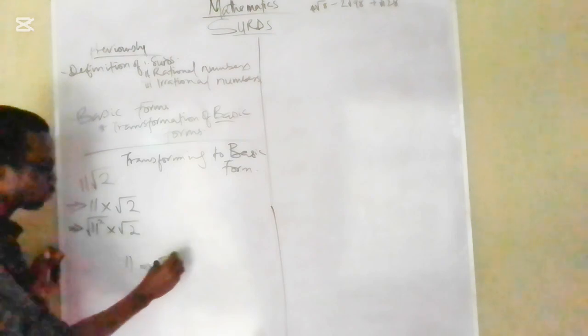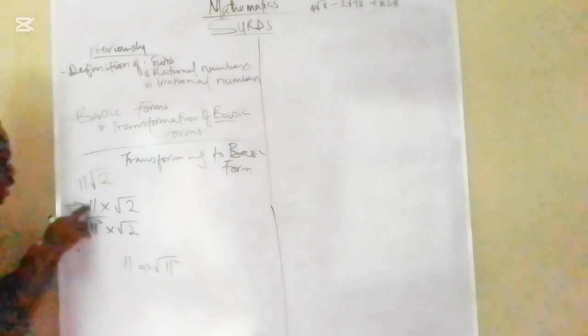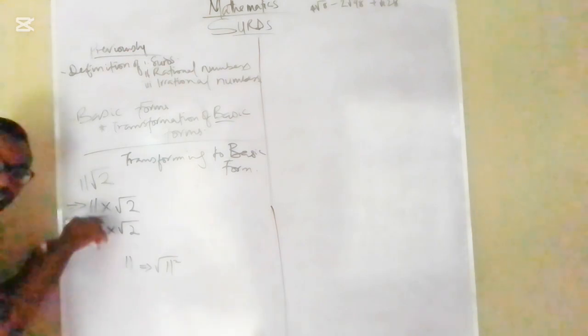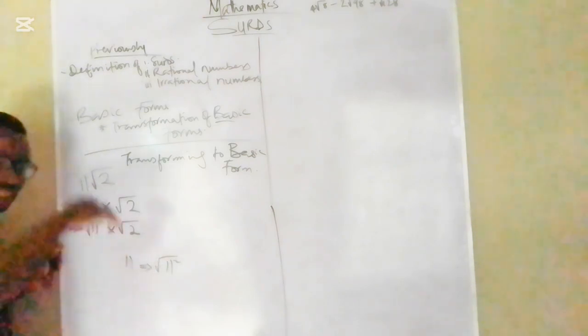So 11 is the same as the square root of 11 squared. So you see here it was just 11, and now we have 11, squared, and then the square root of it.